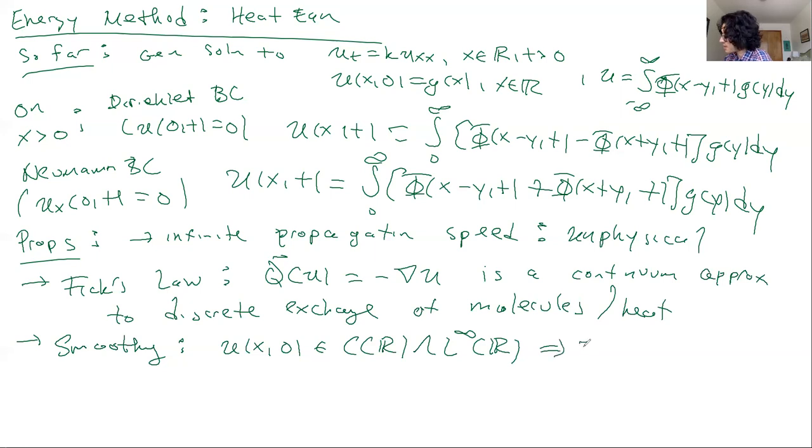This is going to imply that u of x t away from 0 is going to be C infinity and still bounded, right? This is basically for any p greater than 0, okay? So we have a solution. We have different situations where we can get that solution. We know that it's infinitely smooth. That's going to be helpful.